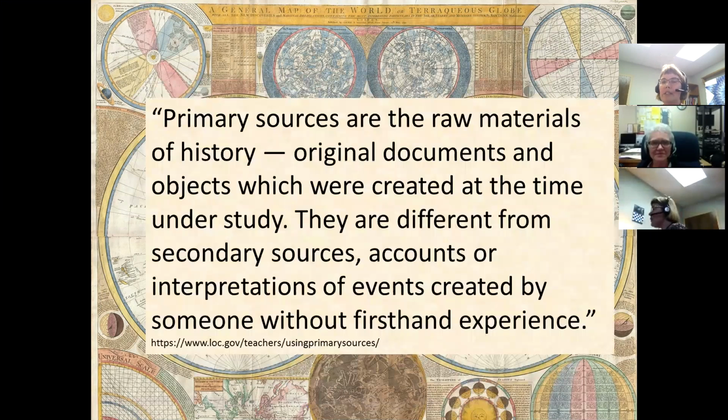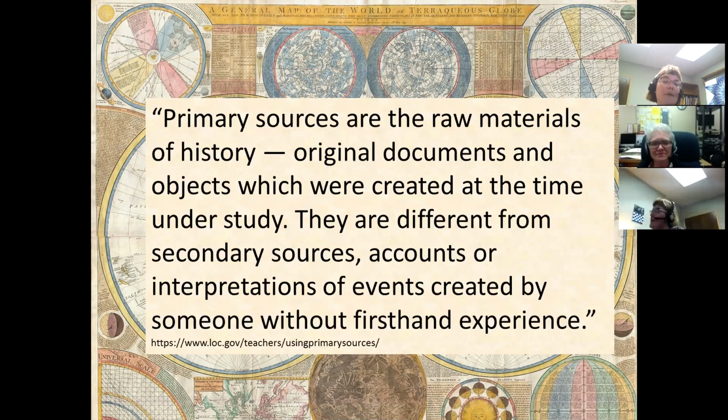The Library of Congress gives this definition for primary sources. They're the raw materials of history, original documents and objects which were created at the time under study. They are different from secondary sources, accounts or interpretations of events created by someone without firsthand experience.